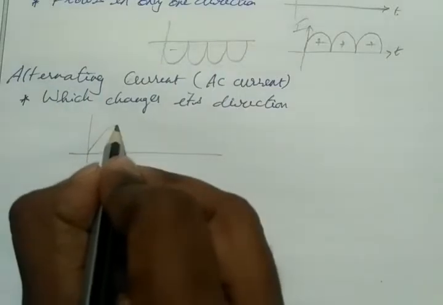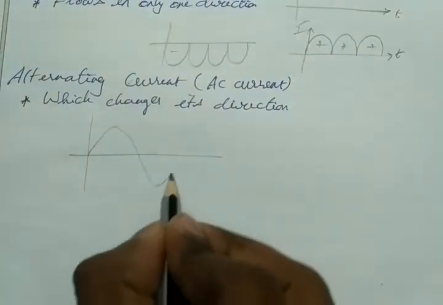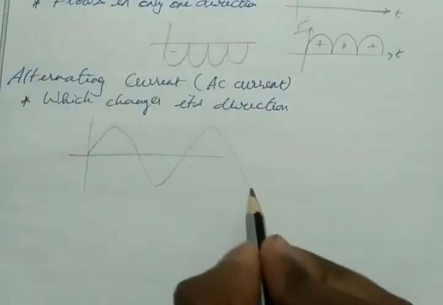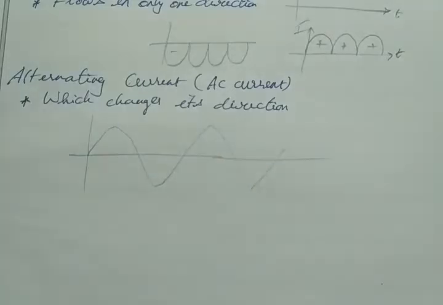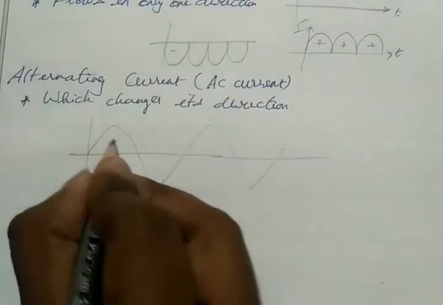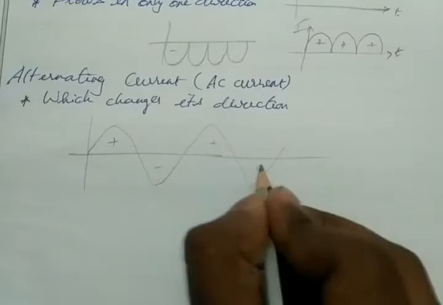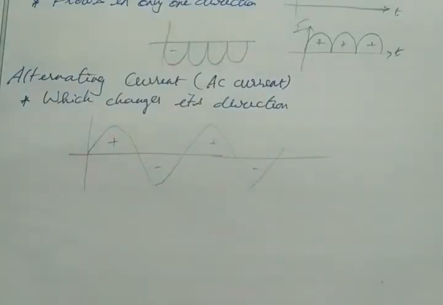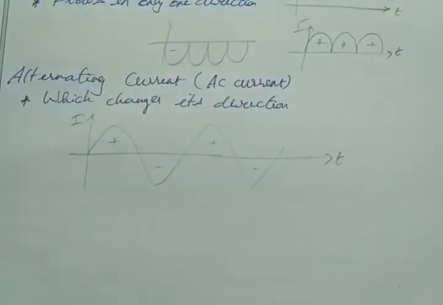The first half cycle is positive, the next half cycle is negative, then positive, then negative, and it goes on. So the current changes frequently to both sides. This is a simple graph for AC current.